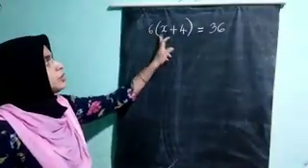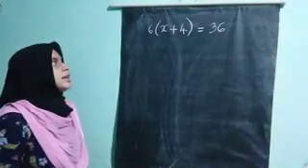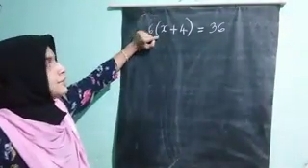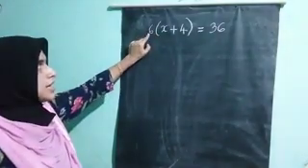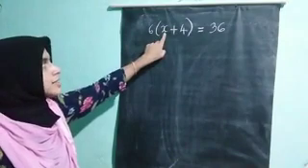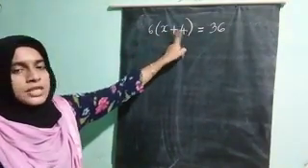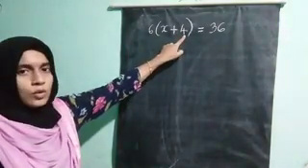6 into (x plus 4) equal to 36. So this is a different type of question. In this question you can see a bracket. This bracket represents that 6 is common for x and 6 is common for 4. 6 we have to multiply with the x and with the 4 also.